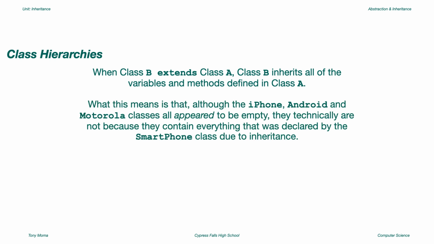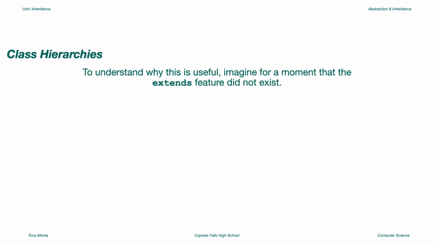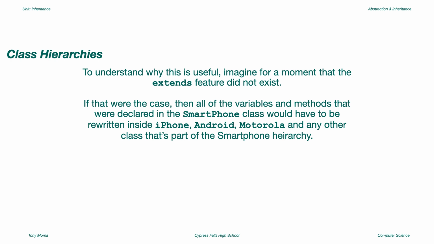What this means is that although the iPhone, Android, and Motorola classes all appeared to be empty, they technically are not because they contain everything that was declared by the smartphone class due to inheritance. To understand why this is useful, imagine for a moment that the extends feature did not exist. If that were the case, then all of the variables and methods that were declared inside the smartphone class would have to be rewritten inside iPhone, Android, Motorola, and any other class that's part of the smartphone hierarchy.